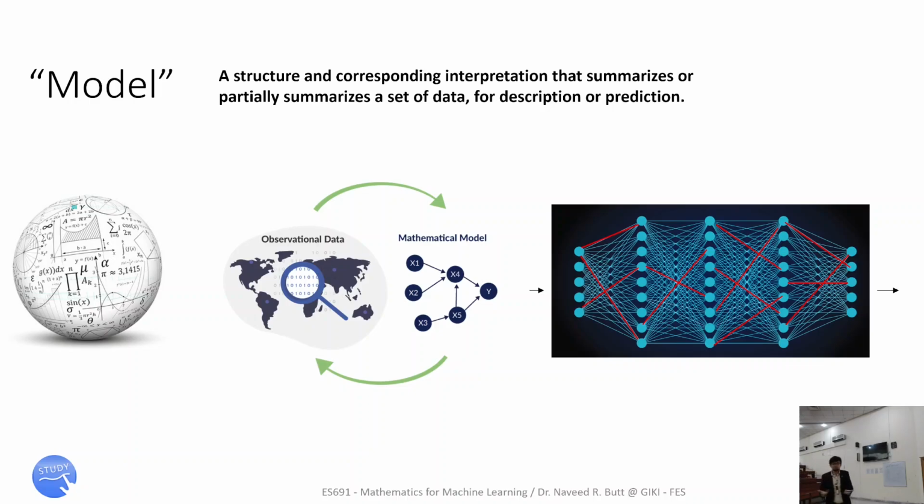So this is a mathematical model, and again notice what their purpose often is: description or prediction. To describe the system better or to predict it, and once we predict things we can also maneuver things. So that is a model.